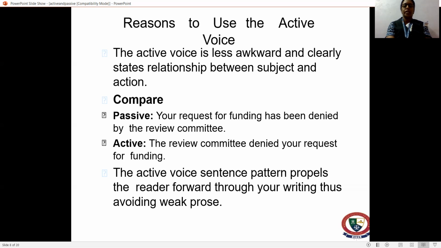This is the greatest advantage of active voice sentences. It makes readers move very easily forward and complete whatever they are trying to read. There lies the success of the writer. So generally, writers prefer the active voice form.